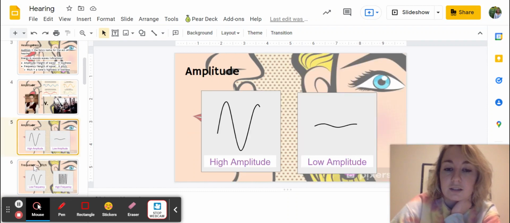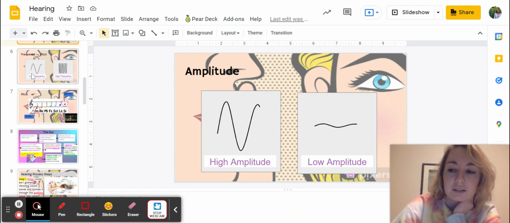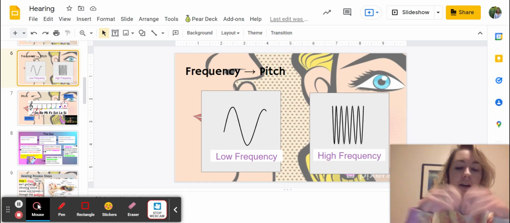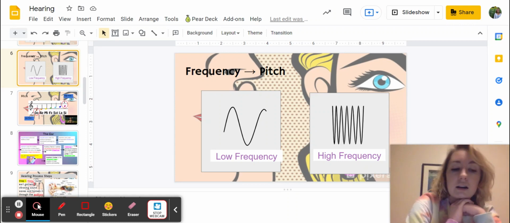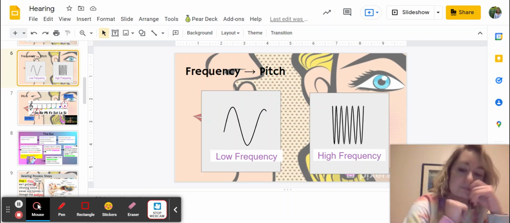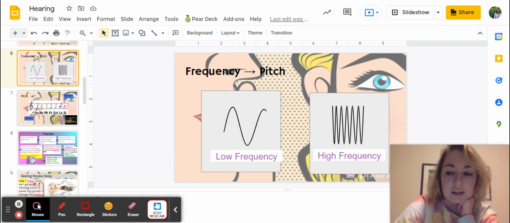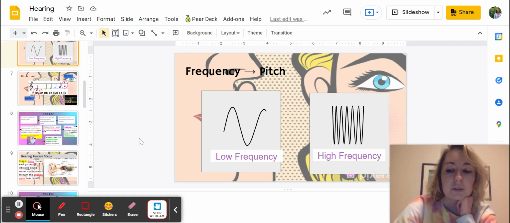Now, getting into frequency. Wavelength, how spread apart or close together, horizontally we're talking, the waves are, determines pitch, how high or low something is. So if it is low frequency, so spread out waves, then it's going to be low pitched.